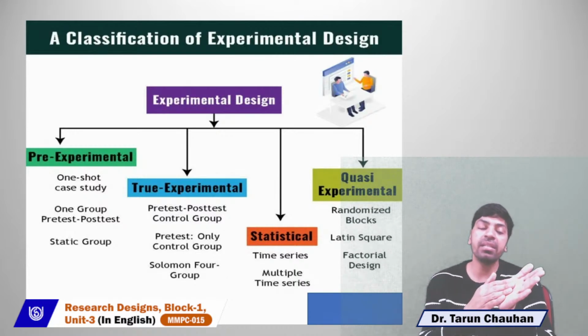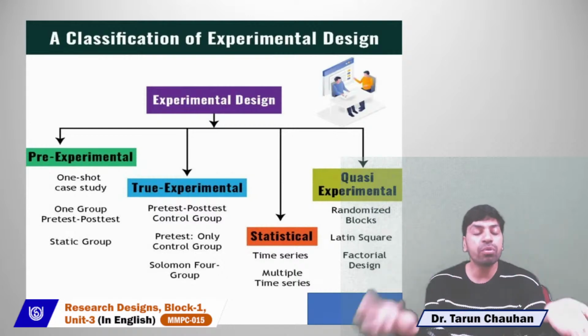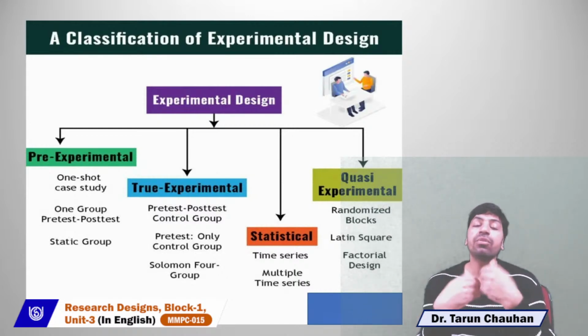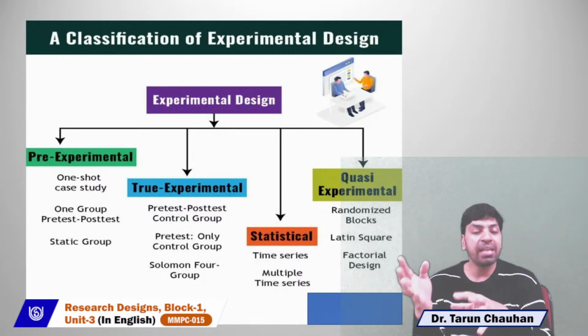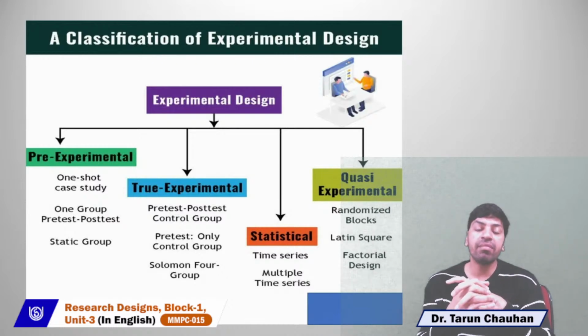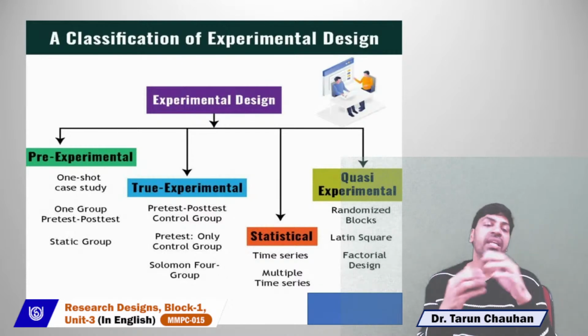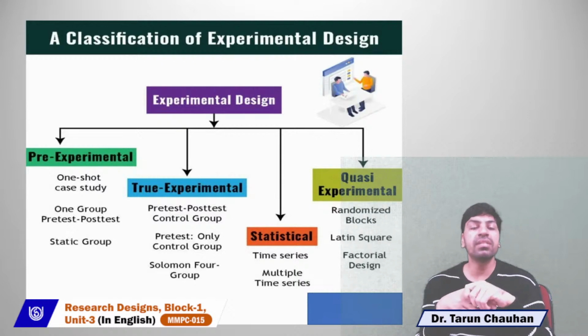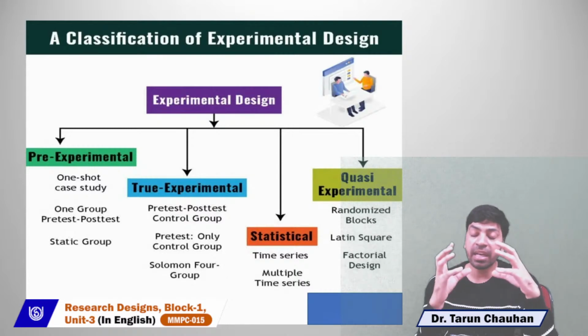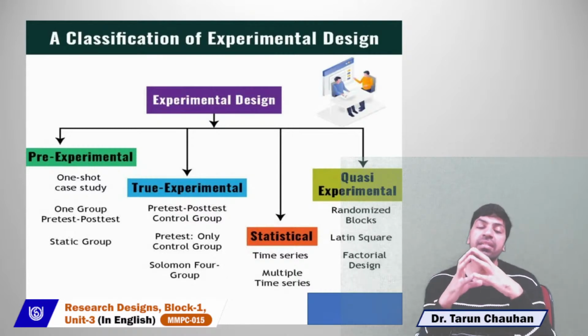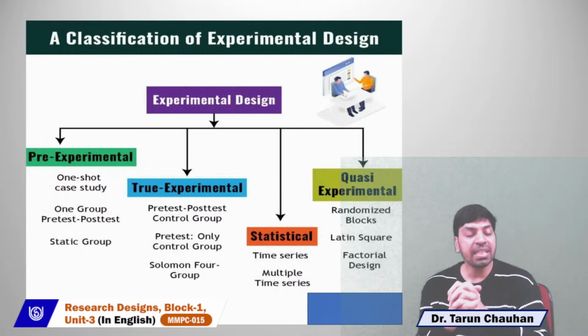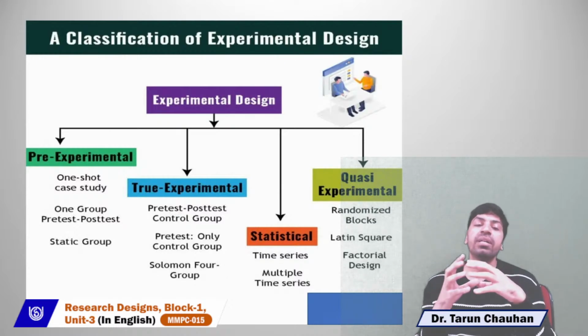Such designs are applied when two or more groups are available, or when two or more dependent or independent variables are used in the research study. Then definitely an experimental research design will be used, done through careful scientific examination or investigation of a particular research study.